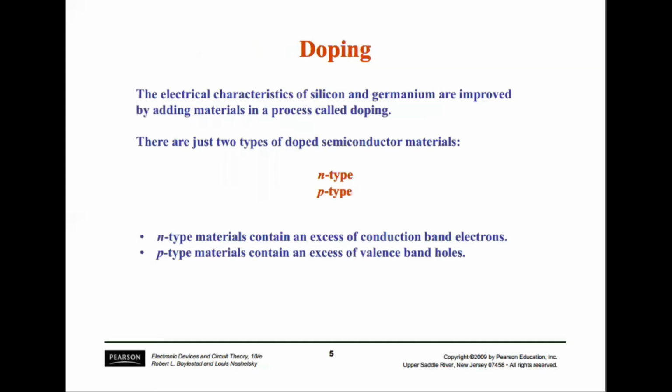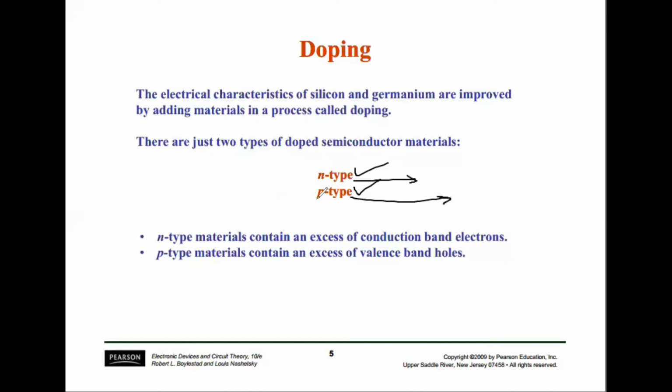So doping, what is basically doping? You have two types of materials, n-type and p-type semiconductor materials. In order to increase the conduction of any type of material, we use doping. In doping, you will increase the amount of electrons in n-type material, and the amount of positive charge holes in a p-type material.